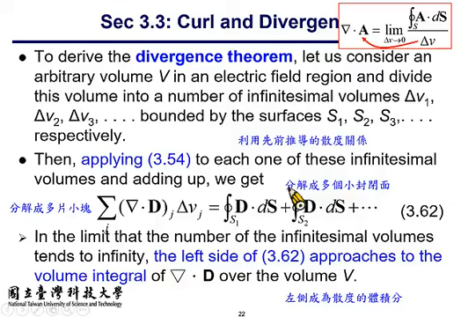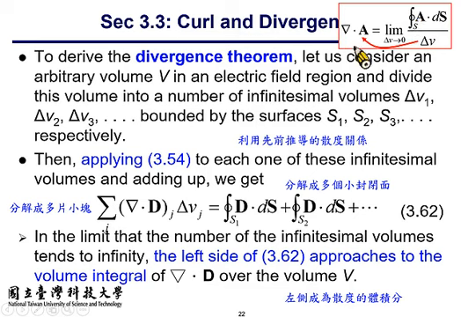Let's continue to the derivation of the divergence theory. So let's consider an arbitrary volume in an electrical field region and divide the volume into many small ones. Of course, as you can see from the divergence theory, the Gauss's law as well as the closed surface integral of the displacement flux.